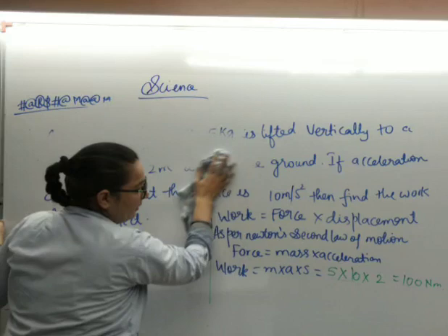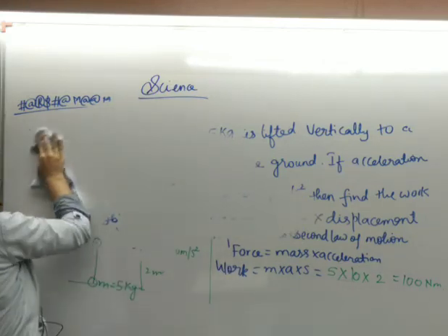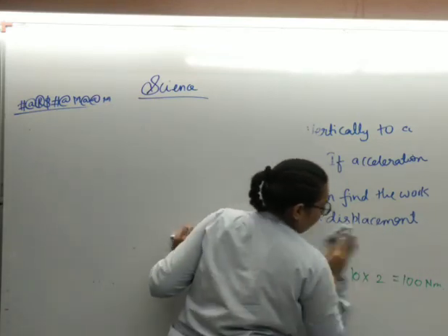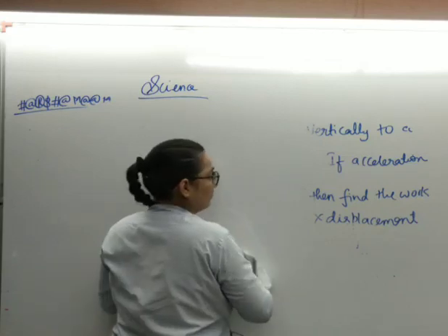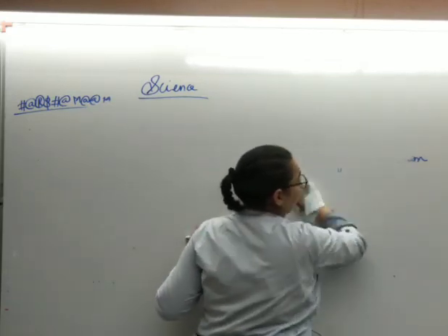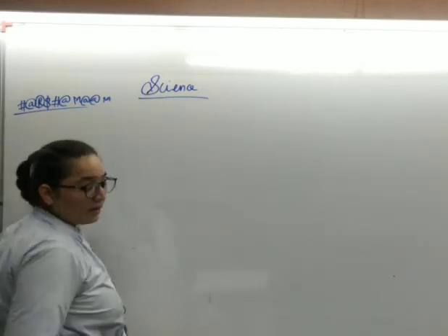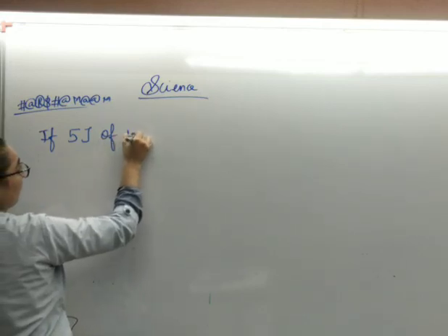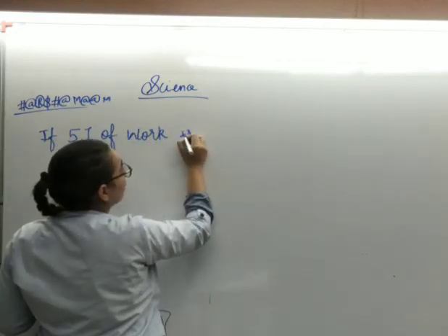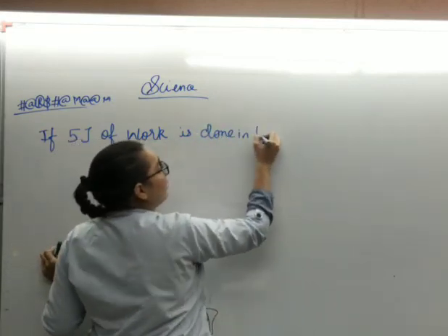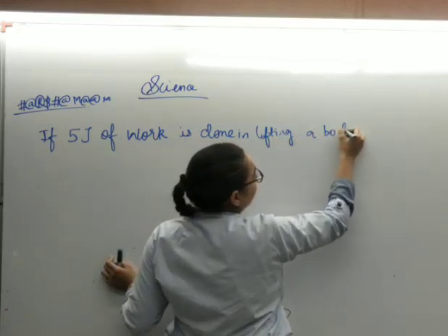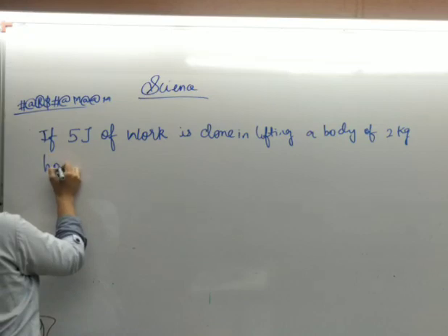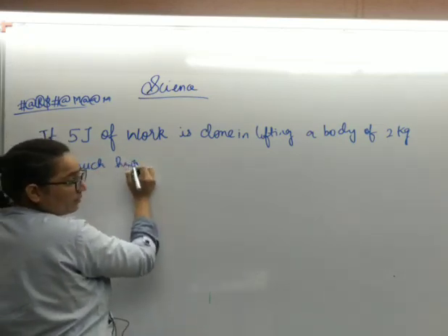Now next particular numerical. If 5 joule of work is done in lifting a body of 2 kg, how much high will it go?